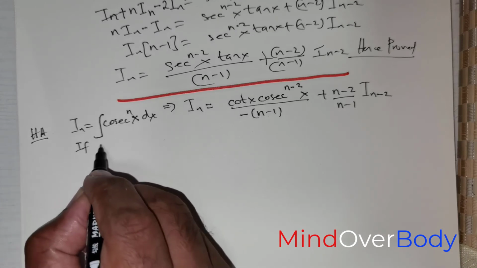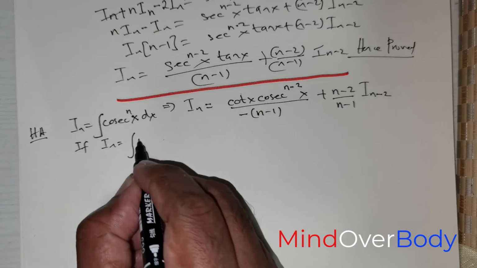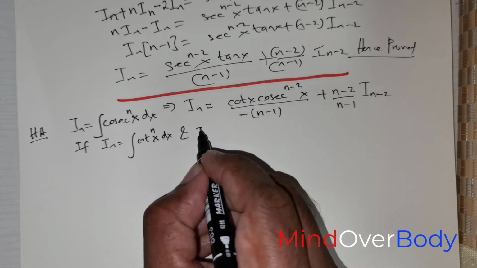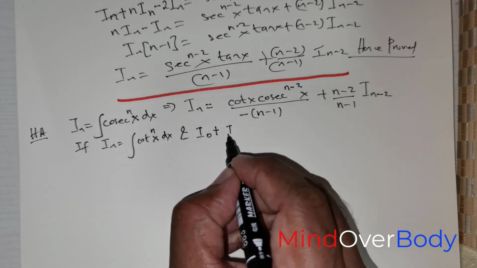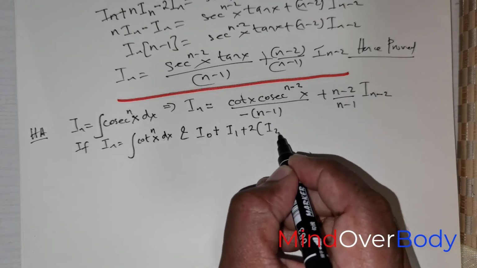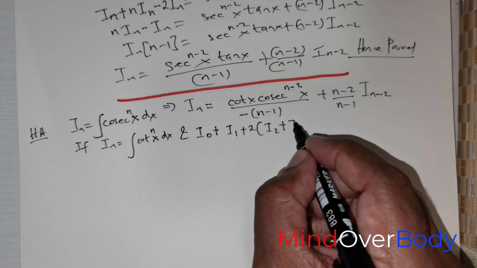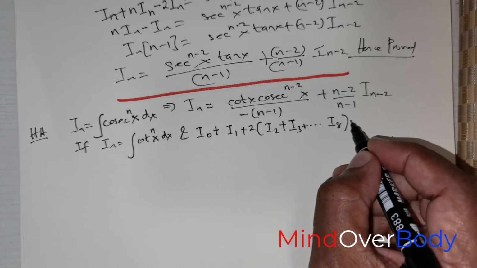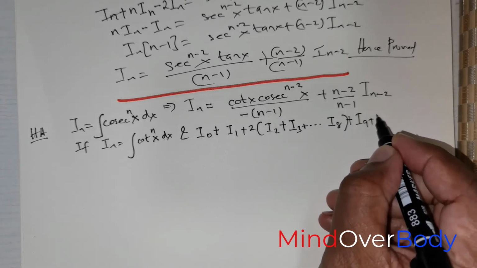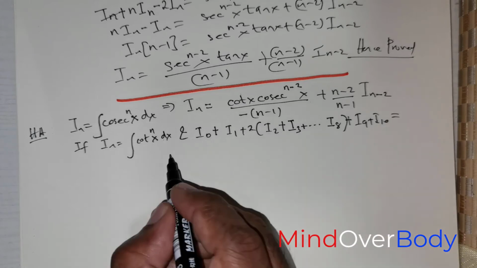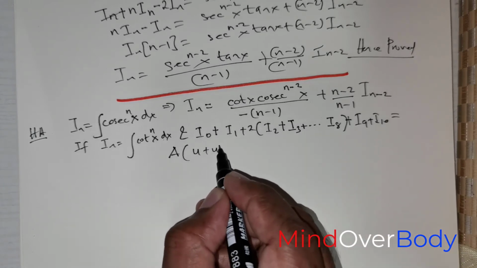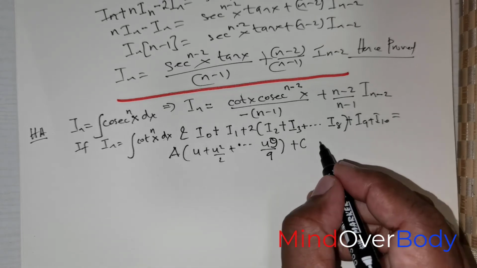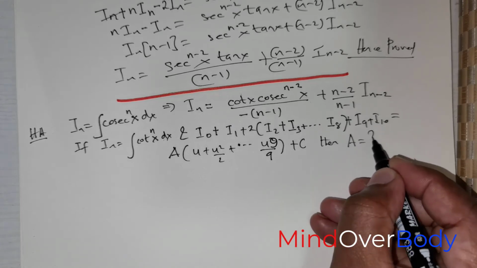The question is, if I_n is equal to the integral of cot^n x dx, and I_0 + I_1 + 2 times (I_2 + I_3 + etc. up to I_8) + I_9 + I_10 is equal to a times (u + u^2/2 + etc. up to) + c, then we are asked to get the value of a.